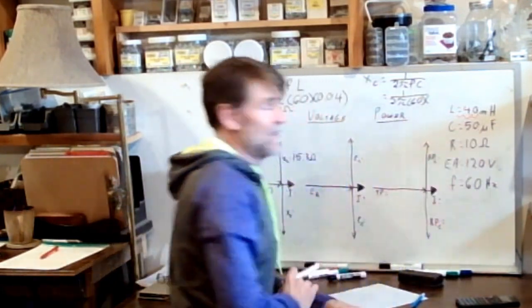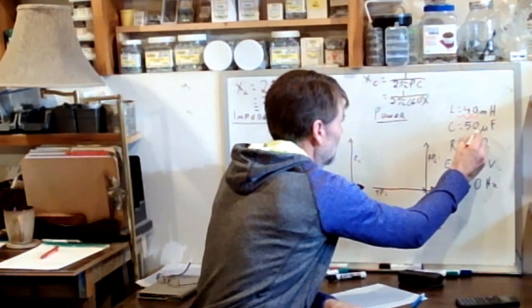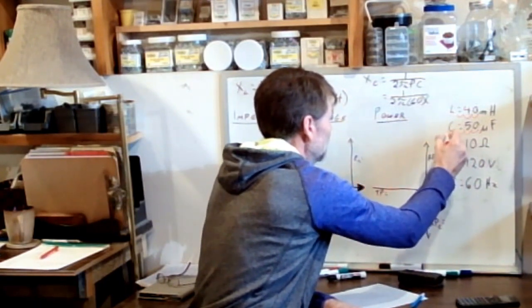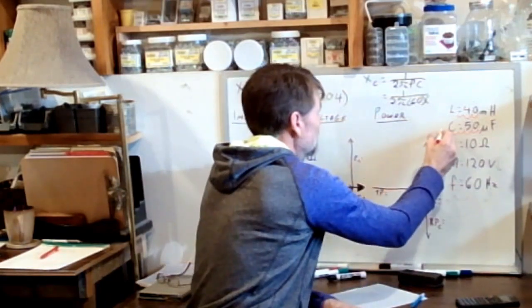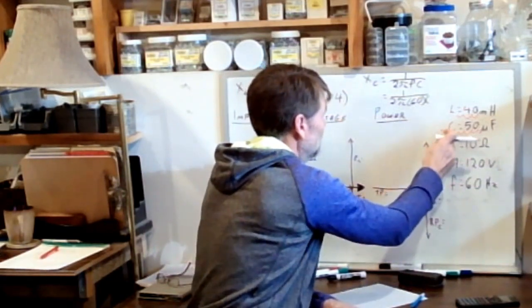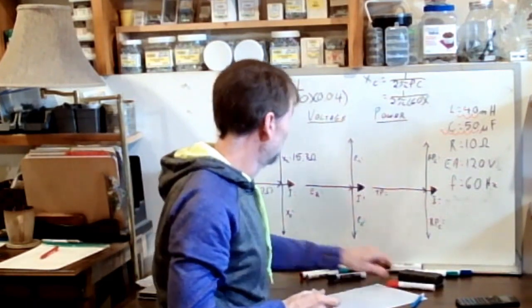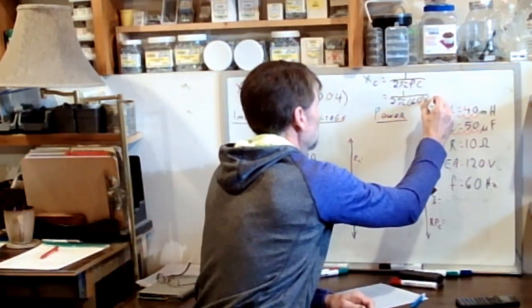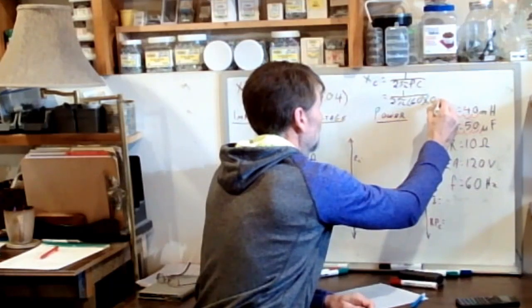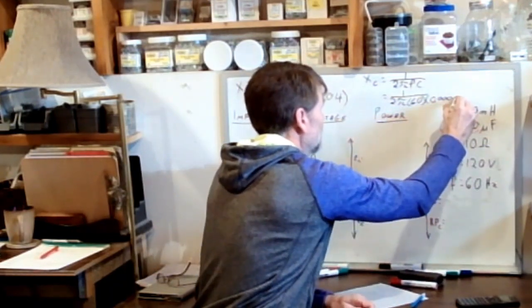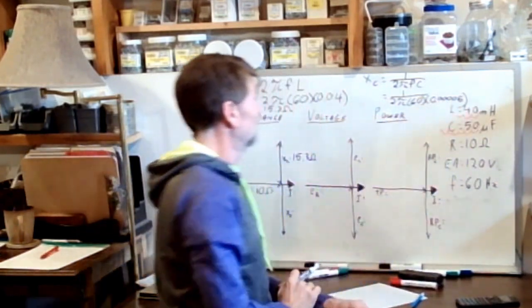So the decimal place is there right now. 1, 2, 3, 4, 5, 6. Which means we have 1, 2, 3, 4 zeros before we get to the number 5. So it is 0.000050.